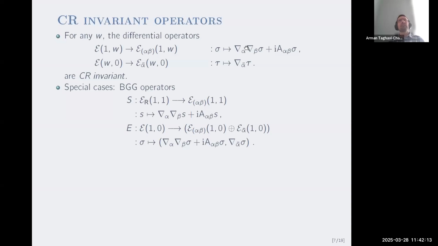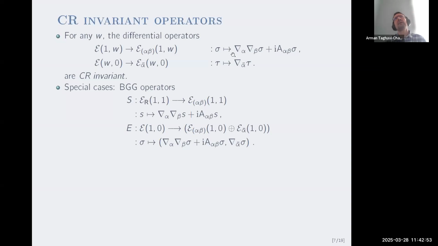Here is an example of an invariant differential operator, applied to densities of weight (1,w). If I take two covariant derivatives of this density along the (1,0) distribution, the holomorphic distribution, and I adjoin to it a term involving the Webster torsion, then one can show that this is actually invariant.